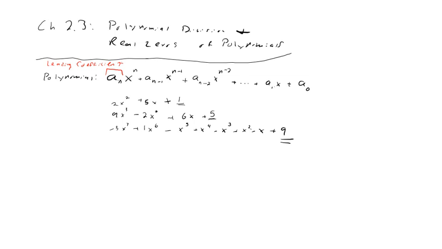But all these are coefficients. And we have this exponent here, this n. This exponent, we call the degree. And the degree is just the biggest exponent.